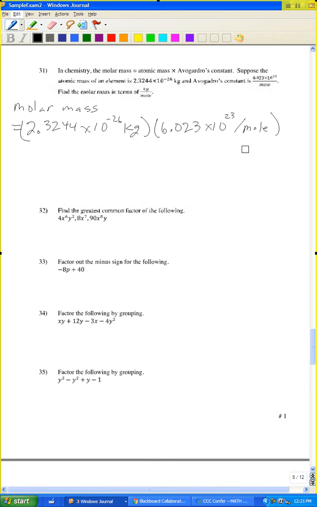Find the molar mass. And so let's multiply these together. 13.9983412 times, well, I have the same base 10, negative 26 plus 23, negative 3 kilograms per mole.